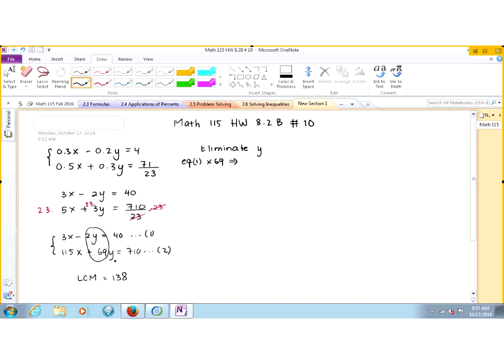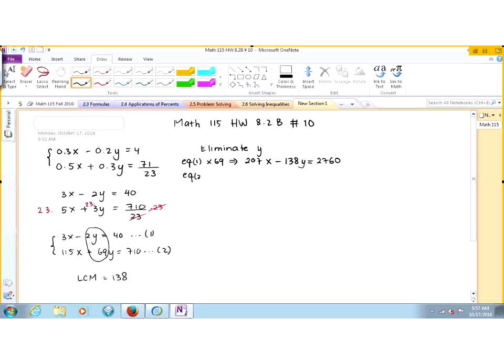So 3 times 69 is, so equation 1, 207x minus 138y is equal to 40 times 69, which is 2760.